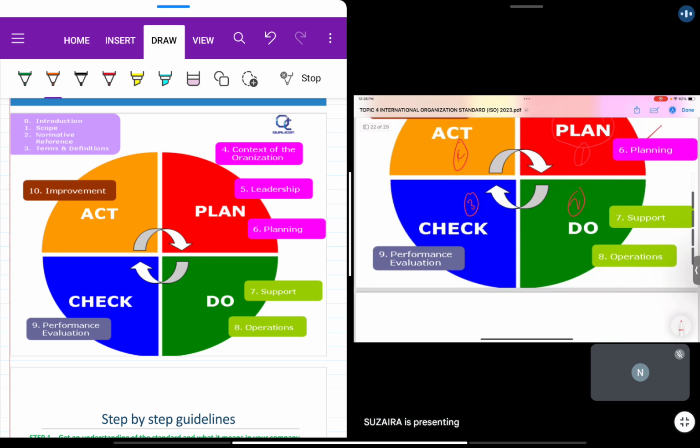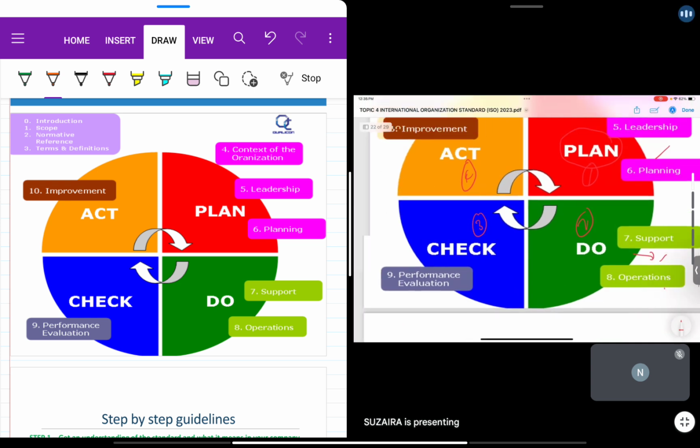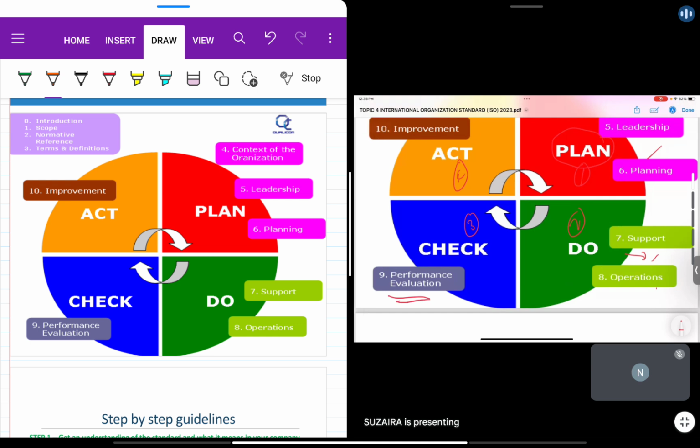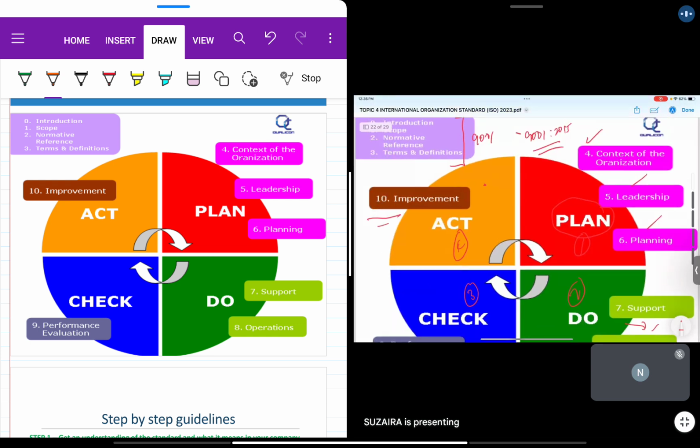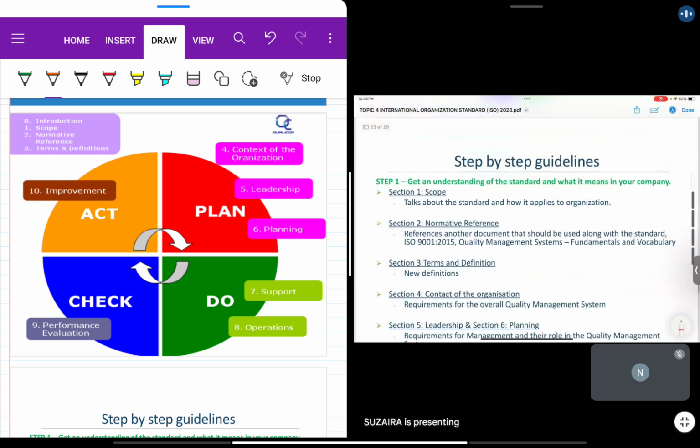Continue, how you do it is more towards the support and operation, and then check is more towards evaluation, and act is more towards the improvement. So this one is more towards preventive measures, right?